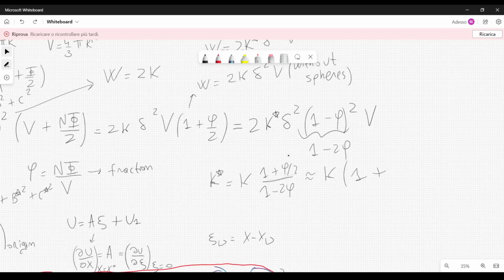If you calculate the derivative of that function and you set phi equal to 0, you get 5 over 2, and you have to multiply by phi. So this is the result that we obtain from these considerations.